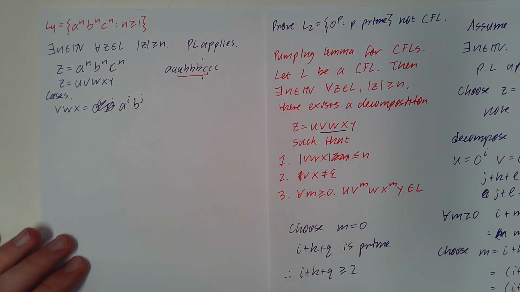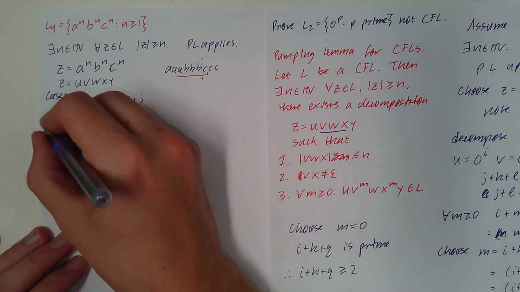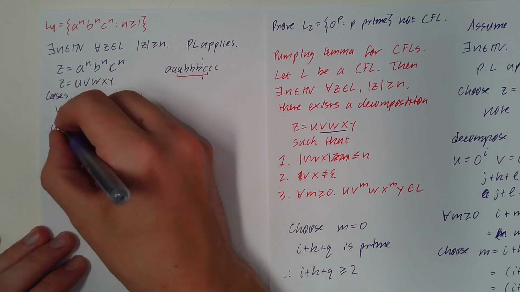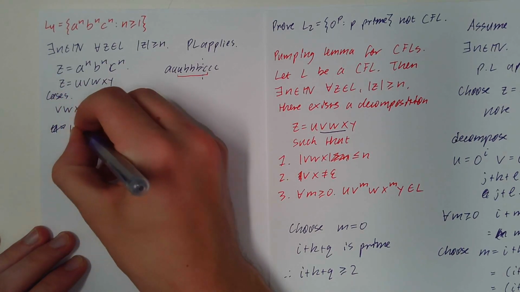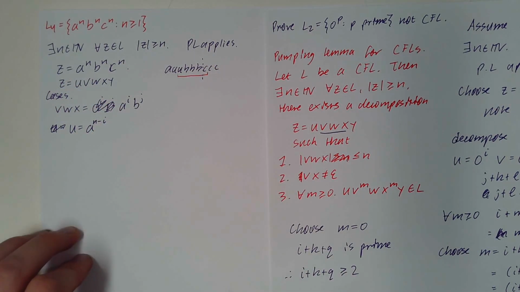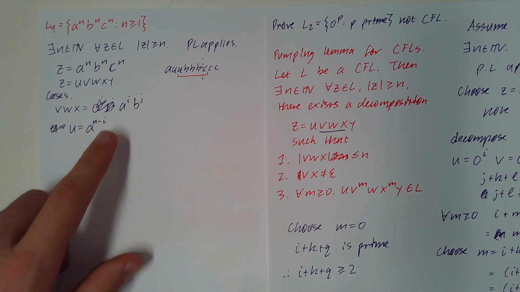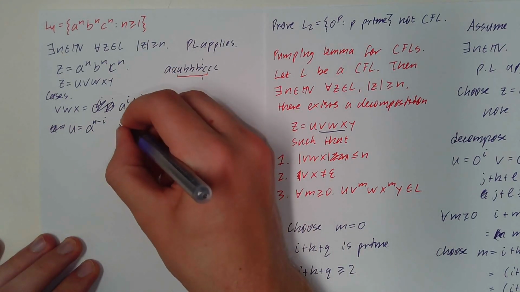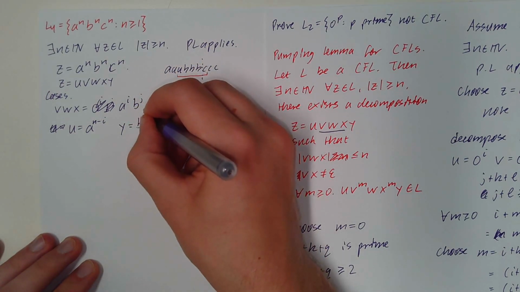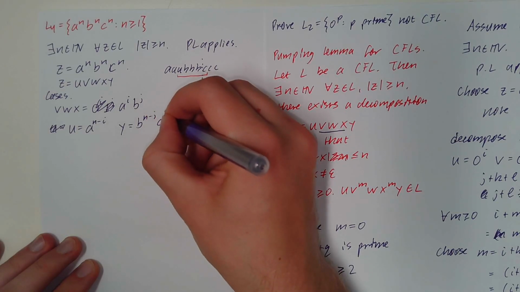Okay, so now what? Well, we can write down what u is. u is going to be however many A's are left over. How many A's are going to be left over? n take i, because there were n A's, and the middle part's gobbled up i of them. And then what's y? Well, y is going to be however many B's are left over, and then all of the C's.